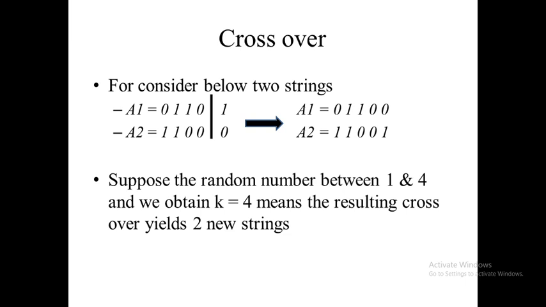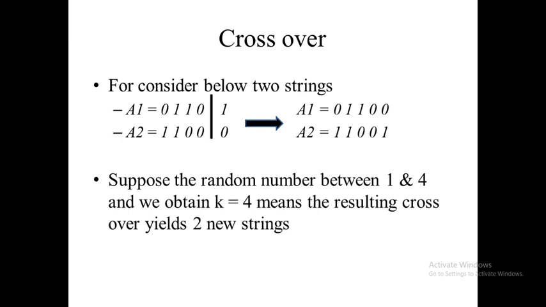From A1, I have five digits. Because of the random number four, I select the first four digits. After the four digits, I put a straight line. After the line, in A1 I get the one, and likewise in A2 after the line, I get the zero. I interchange the one and zero between A1 and A2.